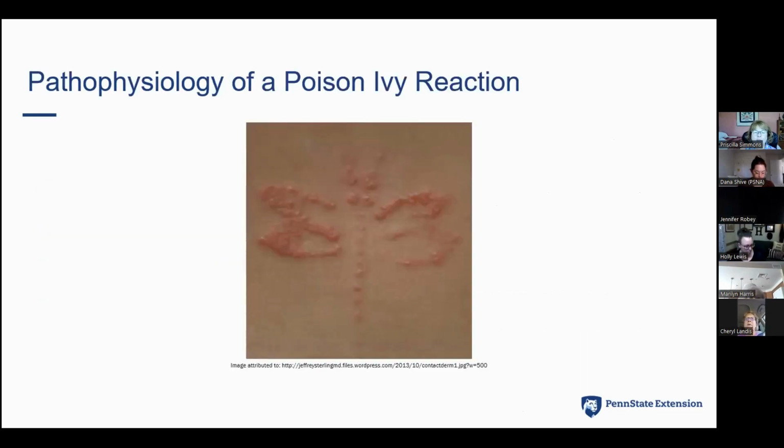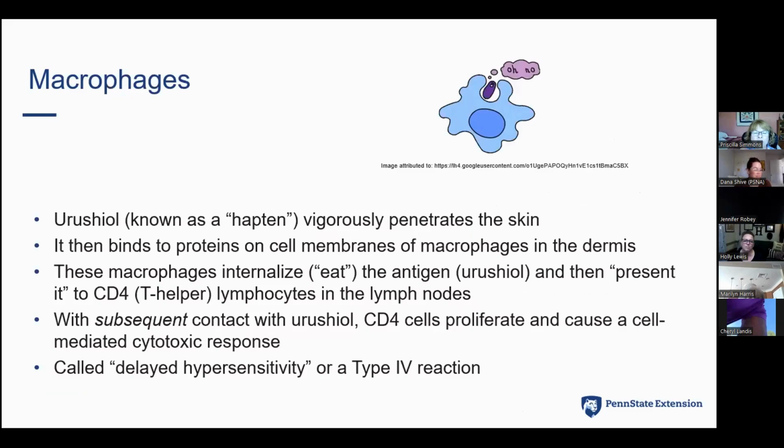A little bit about the pathophysiology, and don't you love this diagram where somebody tattooed a dragonfly on the skin with the urushiol oil, and here's the allergic reaction. Great graphic. Here's a little bit about the pathophysiology and what happens.